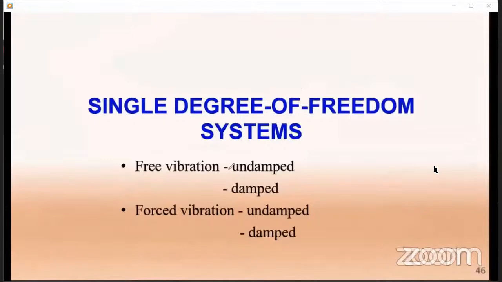So we've been looking at free vibration, where we have talked about undamped and damped cases. Today we move to the second part of the single degree of freedom case, where we are looking at forced vibration. Remember, we have the fundamental equation of motion.